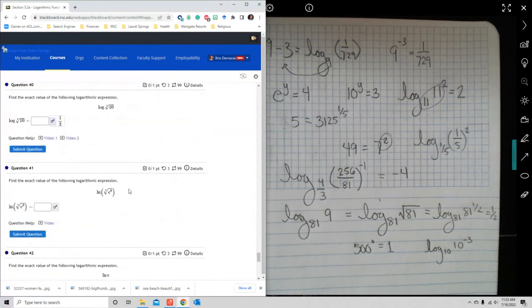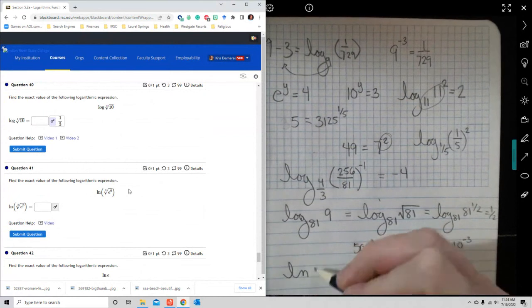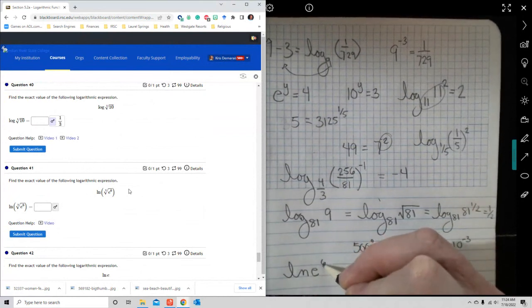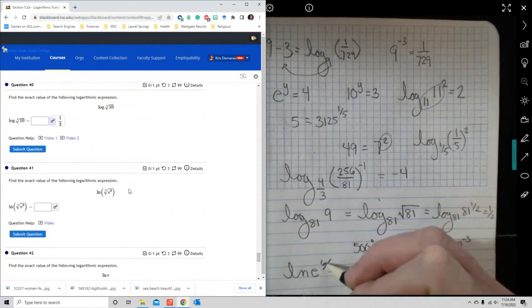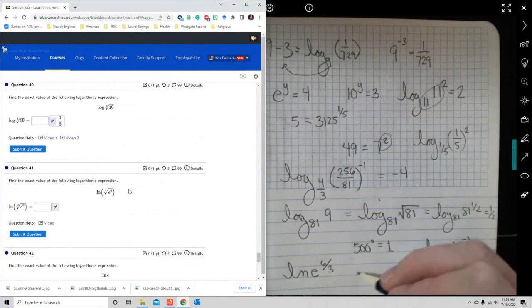You're probably thinking, how in the world am I going that fast? It's because I know my properties. I can see it happening. This one now, what I want you to get used to, and you've got to get used to these, is when you change that index, it's going to be e raised to the 6/3 power, which is 2.